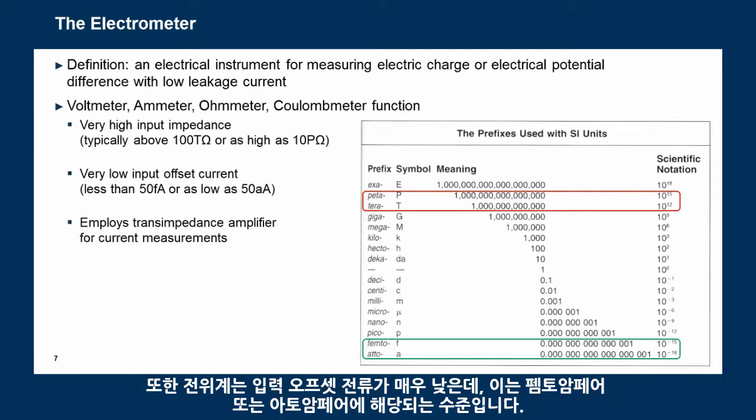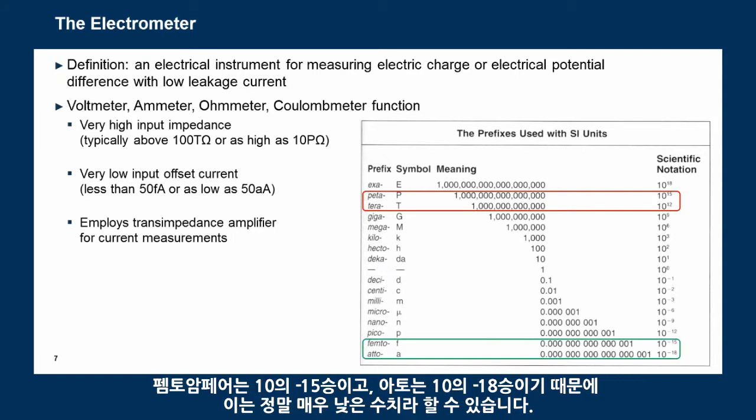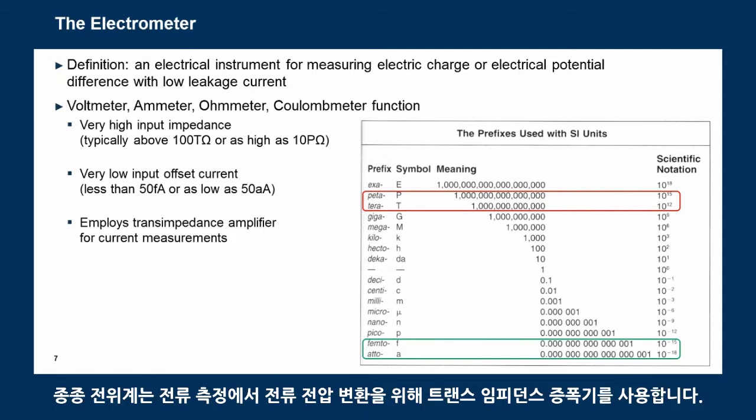An electrometer also has very low input offset current. It could be in the femtoampere or even attoampere region. And again, femto in this case refers to 10 to the power of minus 15 and atto 10 to the power of minus 18, ultra, ultra low. And oftentimes, electrometers also use a transimpedance amplifier for current to voltage conversion in current measurements.